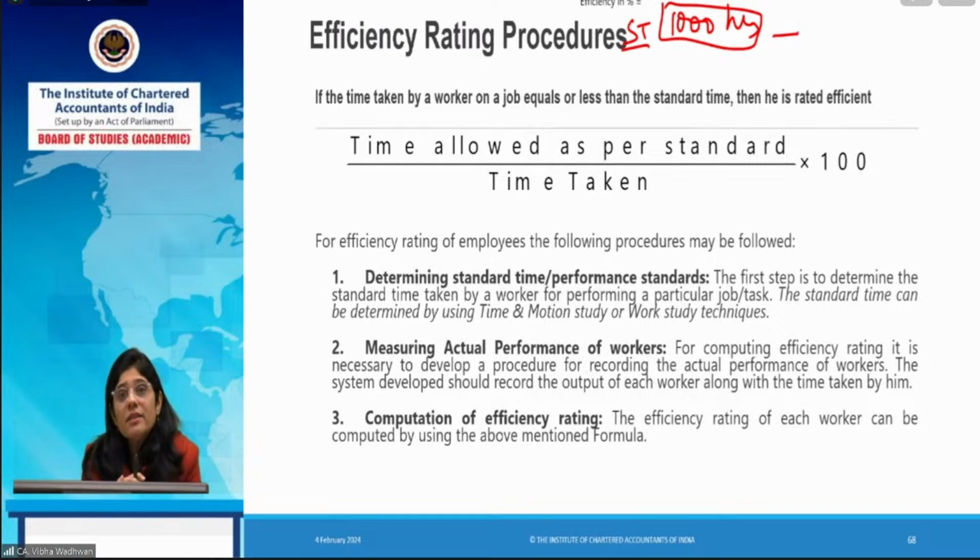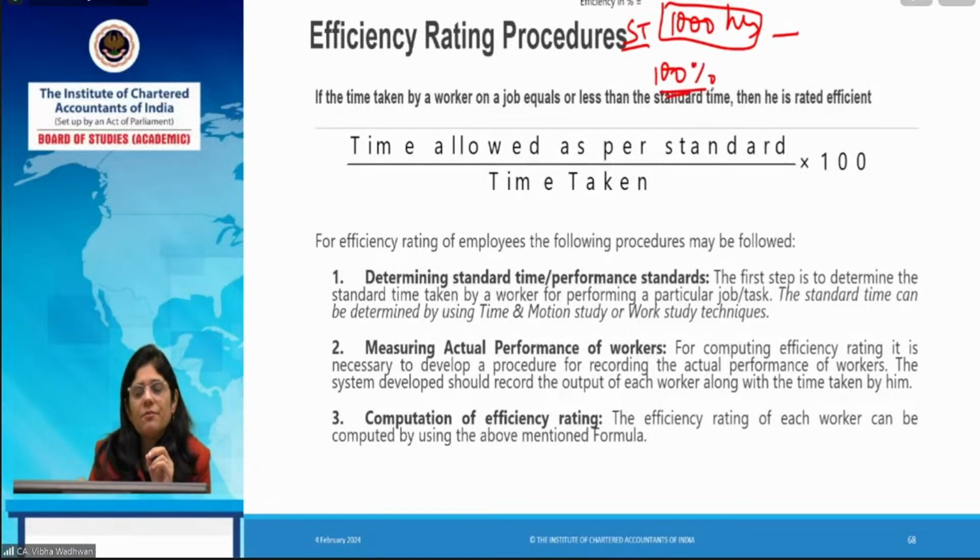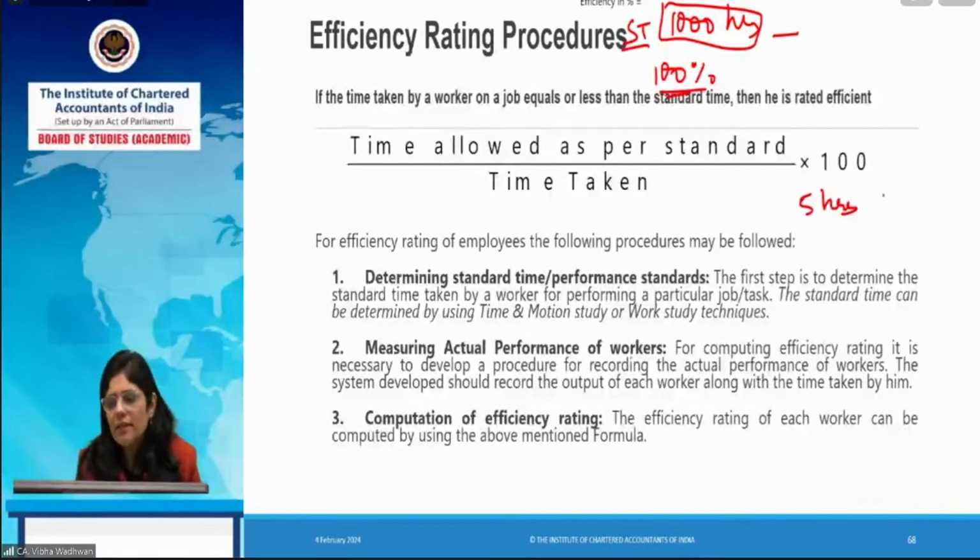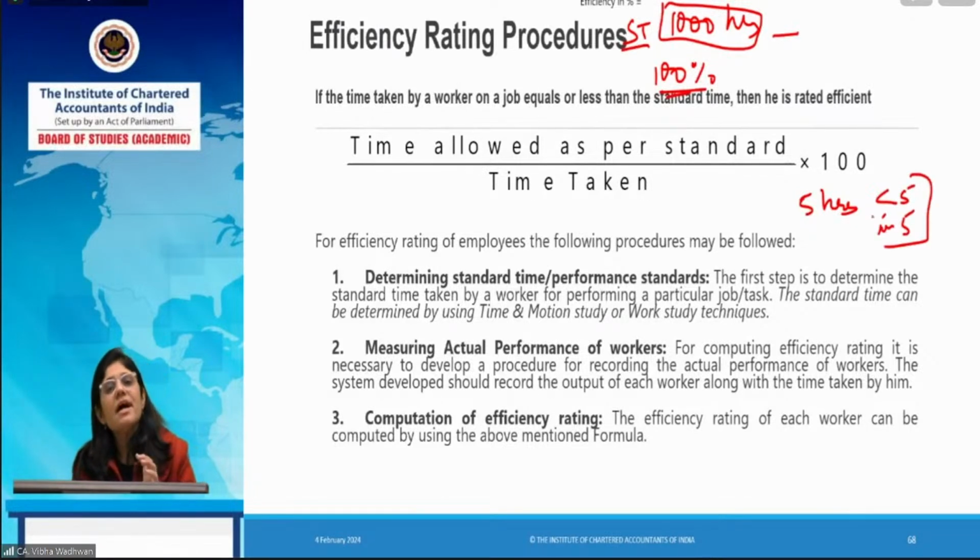But these 1000 hours will be used only when our laborers are 100% efficient. That means whatever time you give, they will work exactly according to that time. They will at least not exceed. So our workers are at least 100% efficient. If I say one task is to be done in 5 hours, our workers will do it in less than 5, or at least in 5 hours.